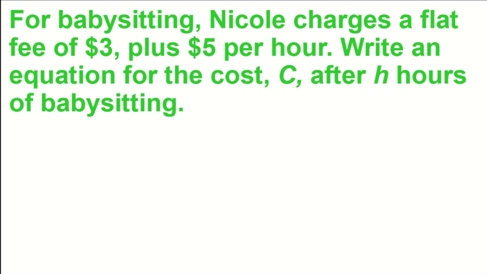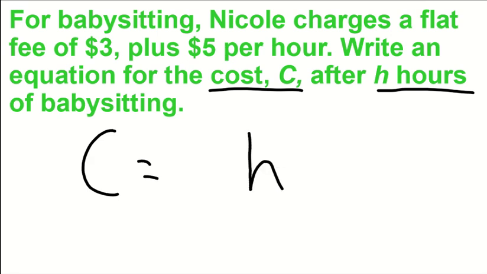H is hours, that's a time. Time is probably 90% of the time at least going to be an x value, okay? C is the cost. Another way of saying cost would be the total cost, right? That's a total. That makes it a y value. So C equals something H. Everybody good on that part?